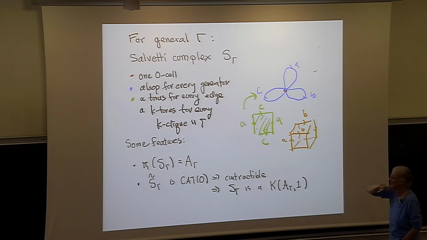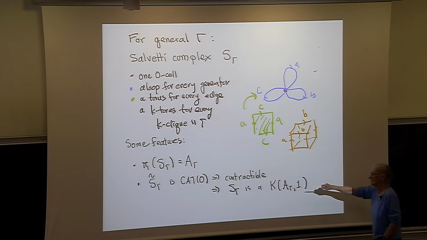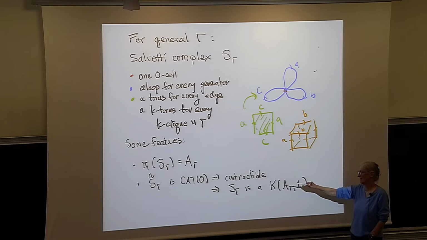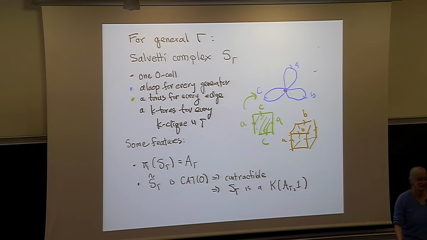And as Andy explained this morning, another way to think of that is that S gamma is K(A gamma, 1). So in particular, its homology is the same as the homology of A gamma. But today I'm not talking about homology, but it's still a good fact.